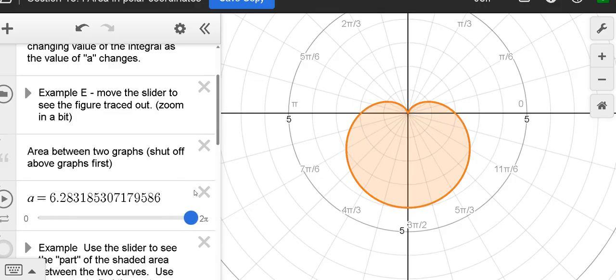Pretty nice. You're just sweeping out those sectors one at a time, adding them up in the form of a Riemann sum, and that Riemann sum becomes a Riemann integral.